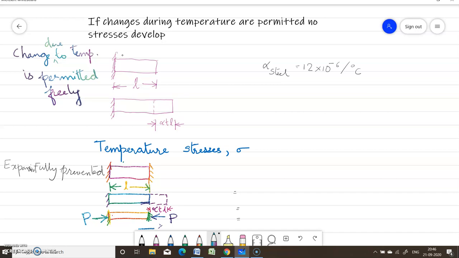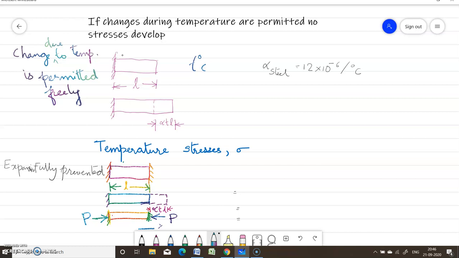So for example, consider this bar. Let L be the length of this bar, and we are increasing the temperature by T degrees Celsius. Let this material be made up of steel. As a result of this increase in temperature, what will happen? This will expand, isn't it?